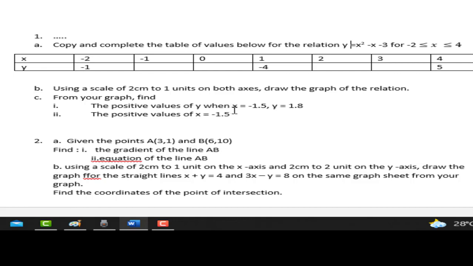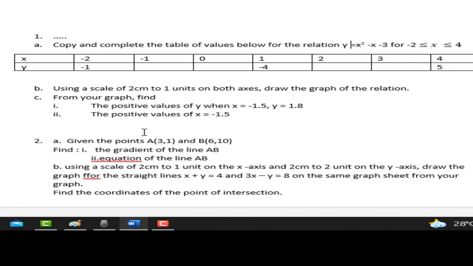So we are supposed to trace this value of x, which is -1.5, on the graph to the x-axis, and from the y-axis to get our values.